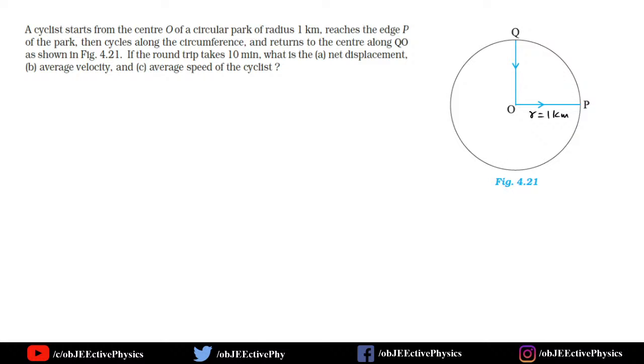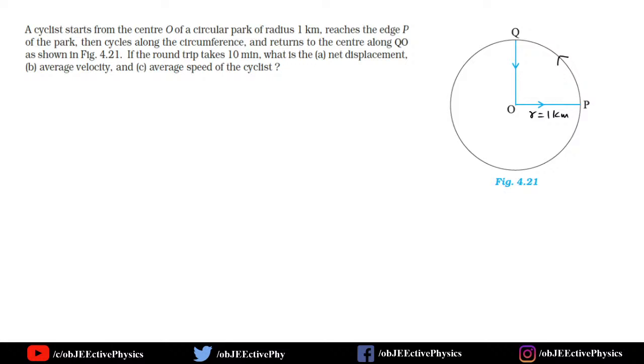First the cyclist moves to P along the radius OP, O to P, then P to Q along the circumference of the circle, and finally Q to O. So it means initial position is O and final position is also O. Therefore net displacement is 0.